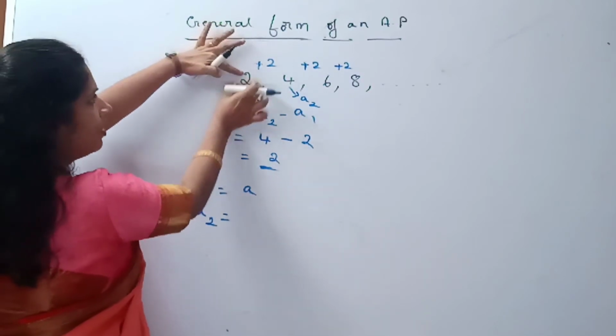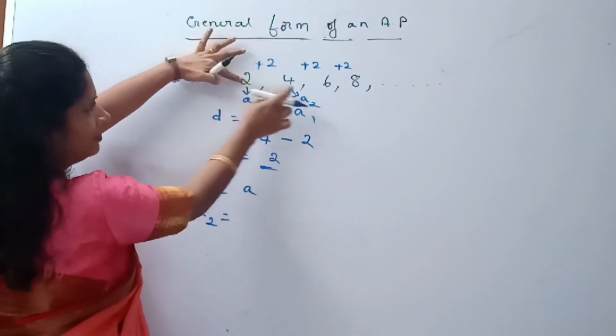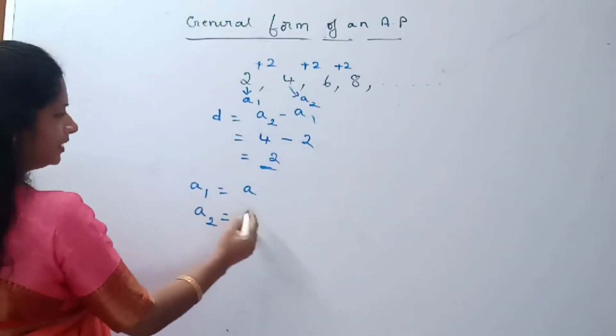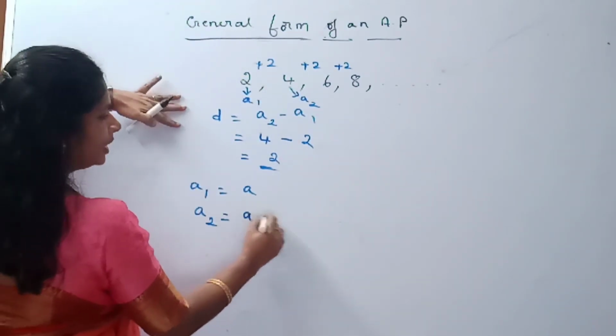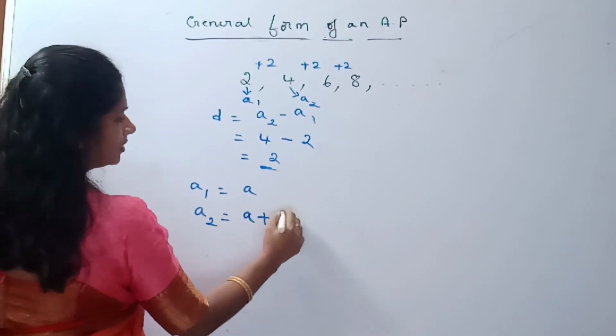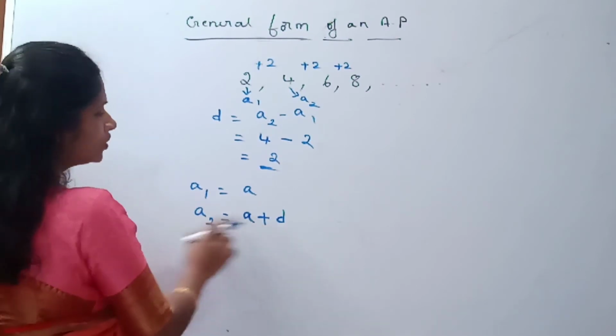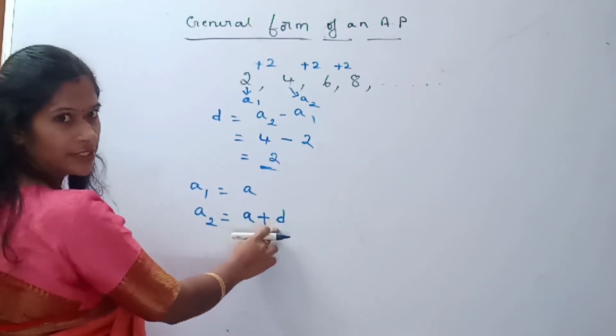If I add the common difference to the first term, I'll get the second term, isn't it? So to the first term, I add the common difference. The common difference is denoted by the small letter D.